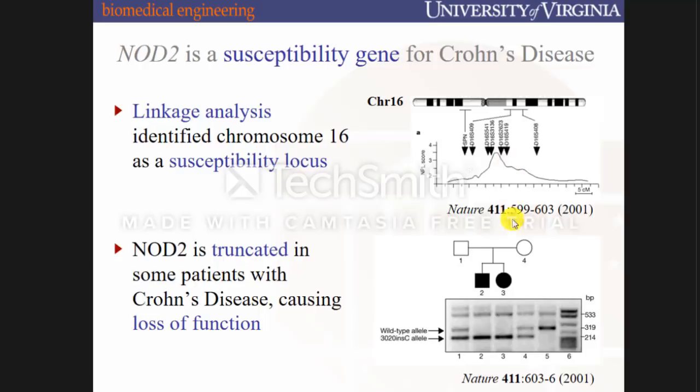And what they were able to see is that with NOD2, which is the same locus, or same gene location, that they found here, there's a truncated form of NOD2 in patients with Crohn's disease. There was an insertion called the 3020insC that truncated NOD2.